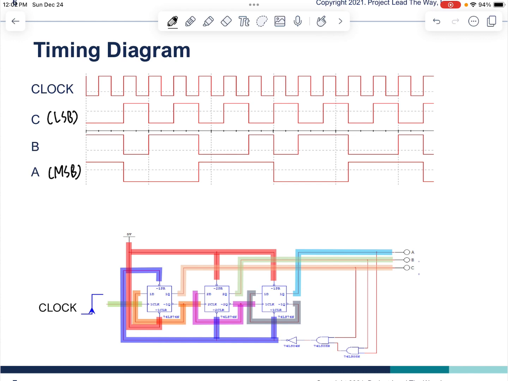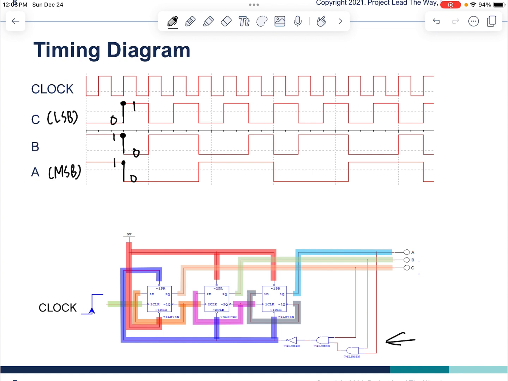Let's look at the timing diagram. When you start the circuit, you get 1, 1, 0, right? And because of the reset circuit, at this moment you see ABC is 1, 1, 1, and the reset circuit will right away output 0, 0, 1, and skip the 1, 1, 1.